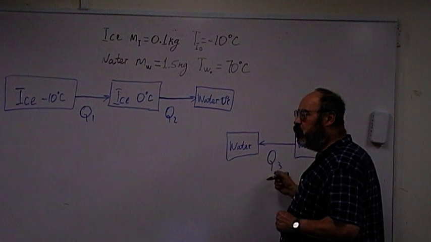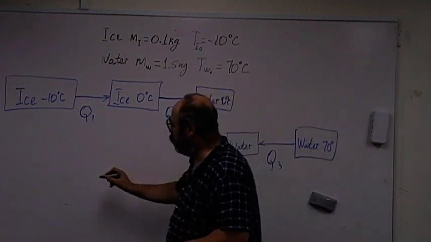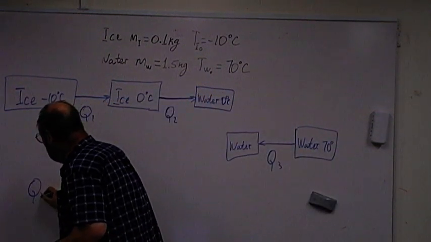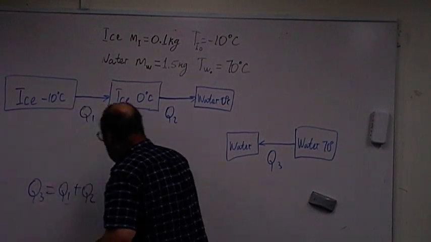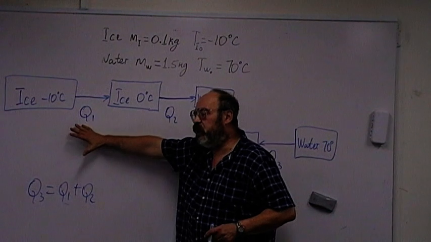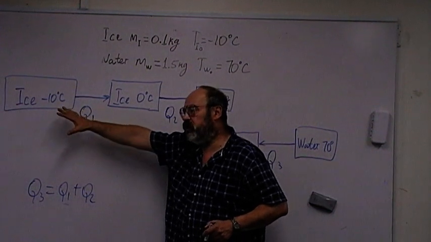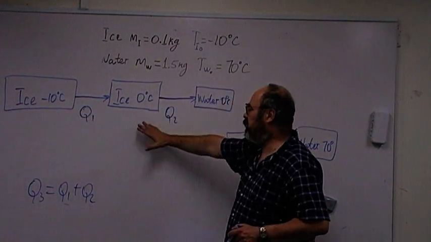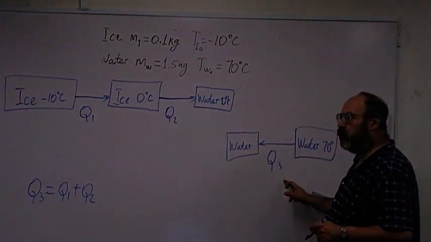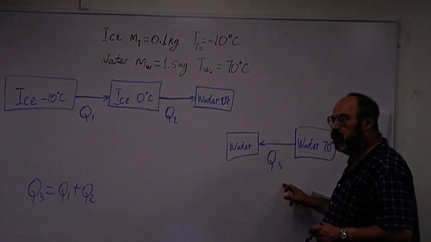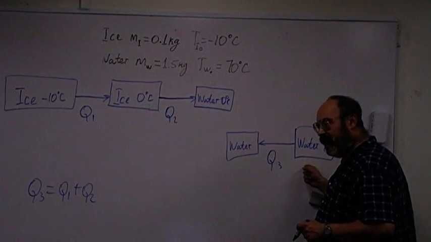And that Q3 is exactly equal to Q1 plus Q2. So we have the heat needed to heat the ice plus the heat needed to melt the ice exactly equal to how much heat the water gave.